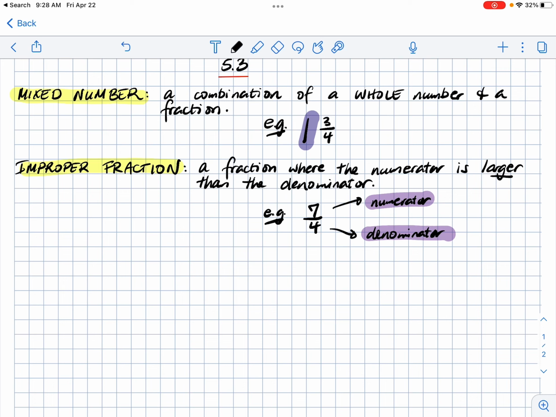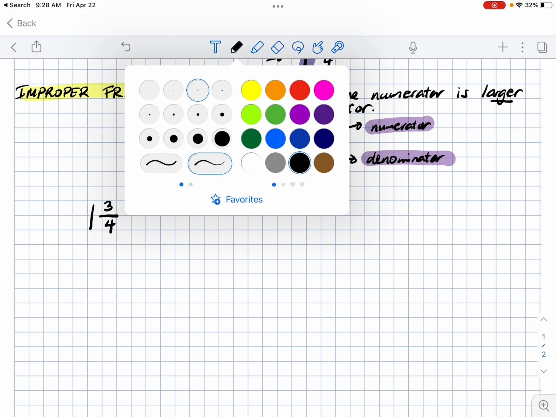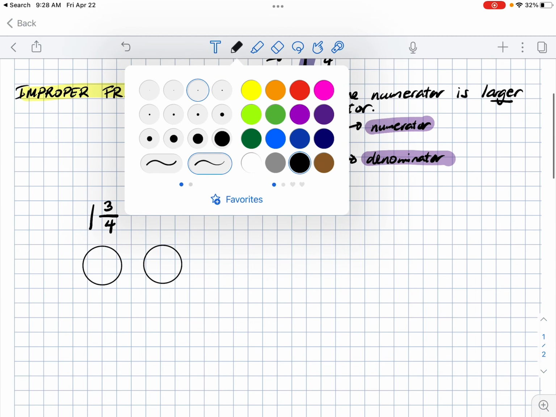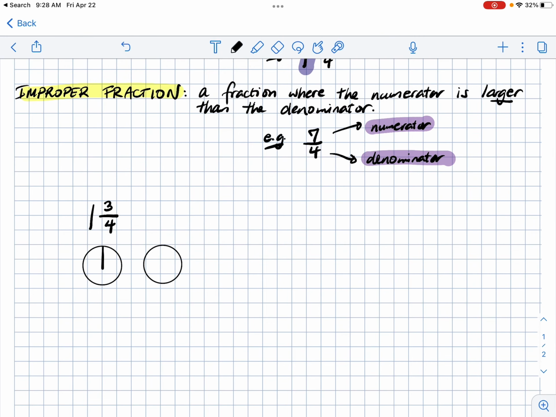So if you took 1 3/4 and you were to draw a picture representing that, 1. Okay. And then if I were to draw and split each circle into quarters, oops, let's redo that one.